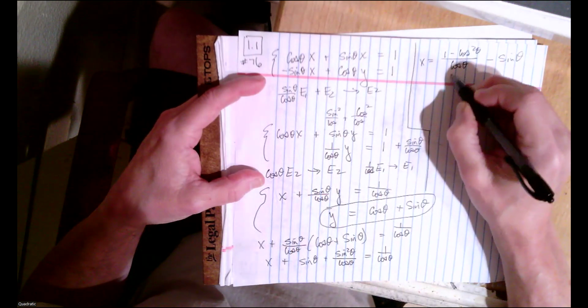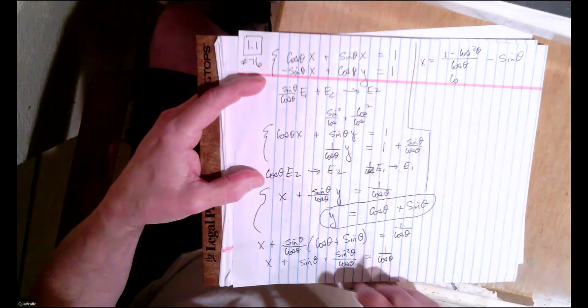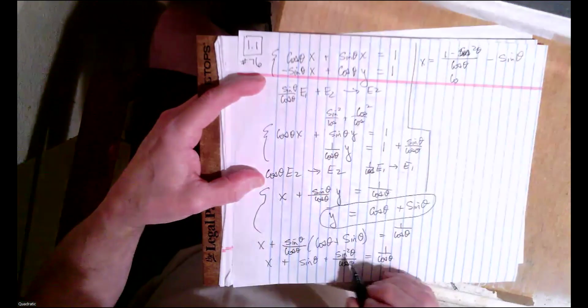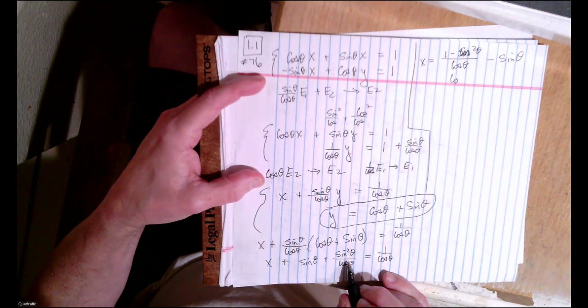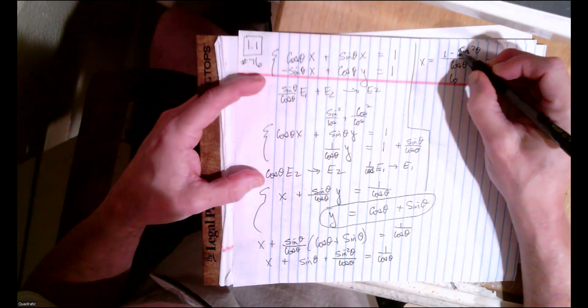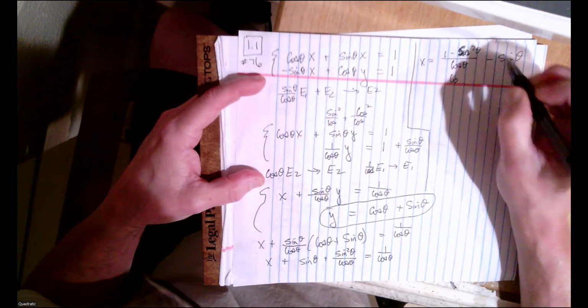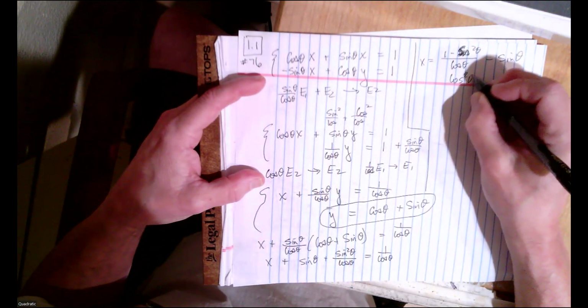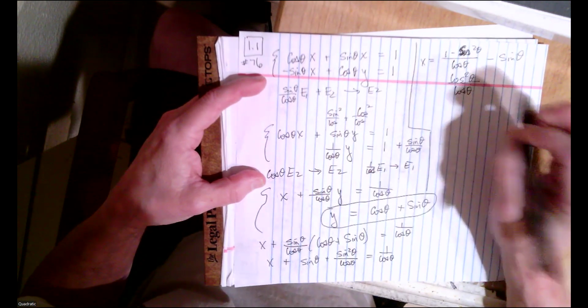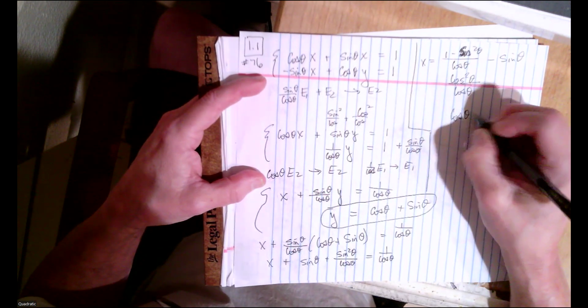Sorry, I have 1 minus sine squared theta. 1 minus sine squared is equal to cosine squared.